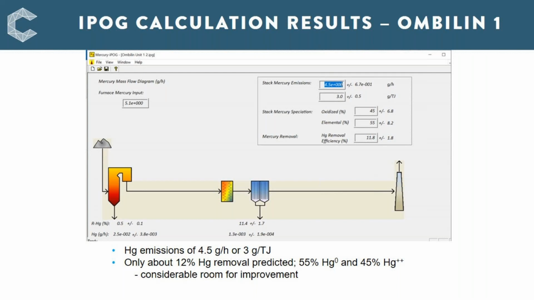It's about half and half between elemental and oxidized. But again, there is considerable room for improvement, given that there is a lot of oxidized mercury going through the stack, and oxidized mercury is, quote unquote, easier to remove. Next, please.